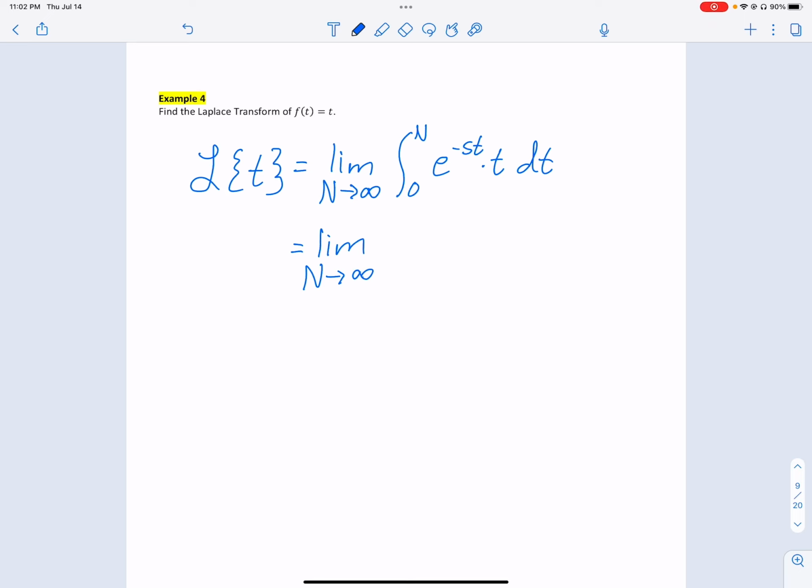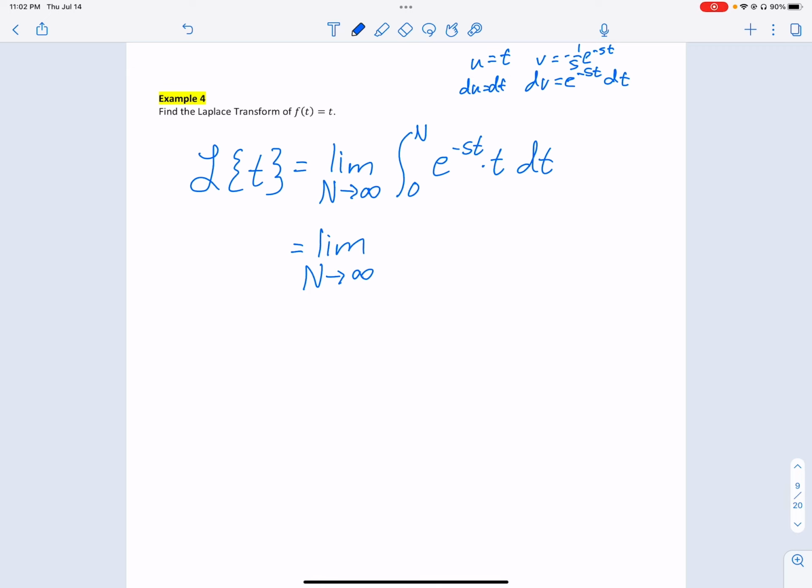I'm going to write down what the u's and v's are, and then write down what it comes out as. If you choose u to be t and dv to be e to the negative st, du is going to be dt, and then v is negative 1 over s e to the negative st. And I guess a dt goes here.